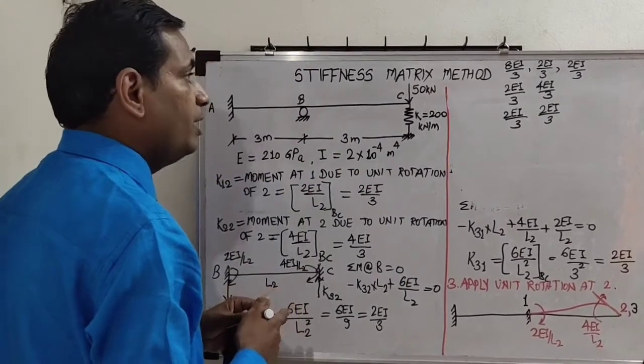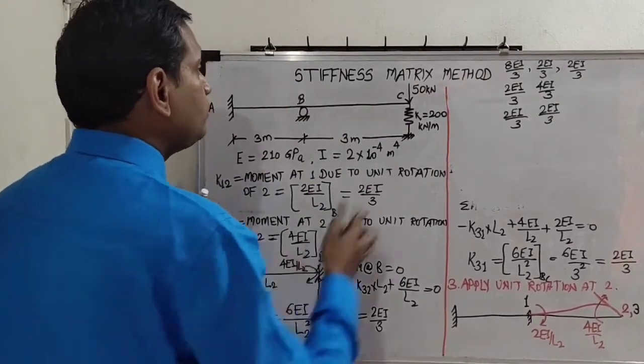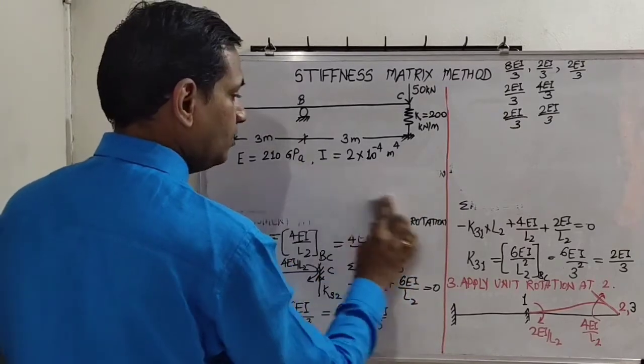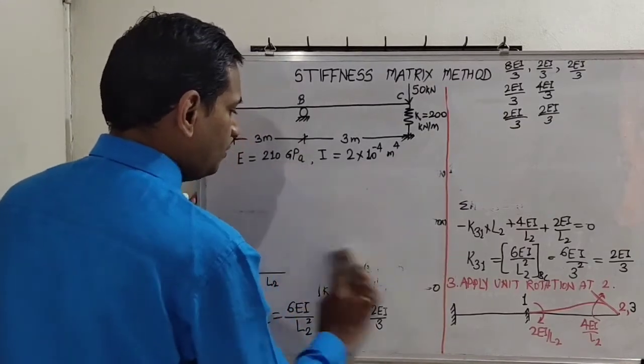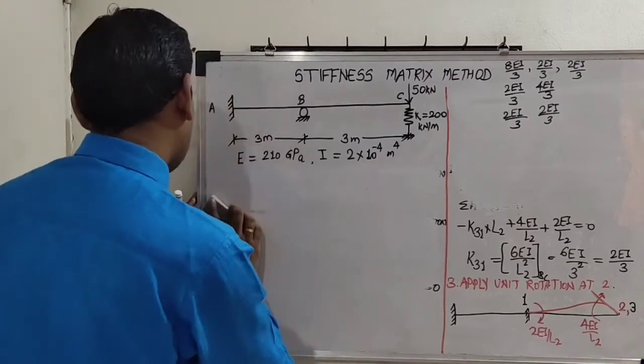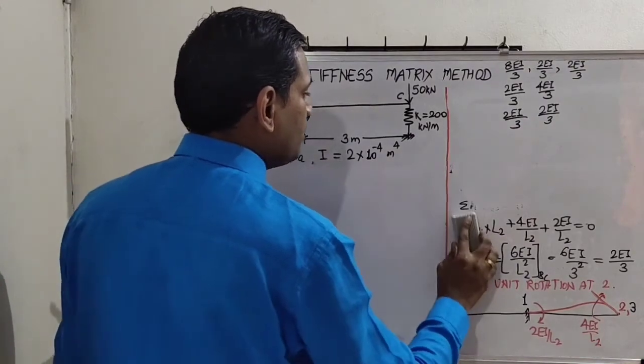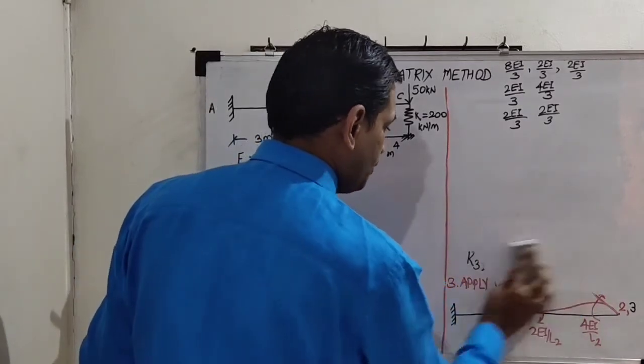Two more are remaining. Now we will take third unknown, make its value 1, and we will again find 3 stiffness matrix elements.